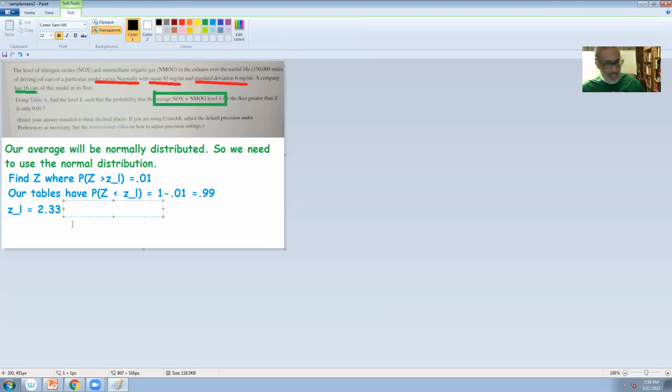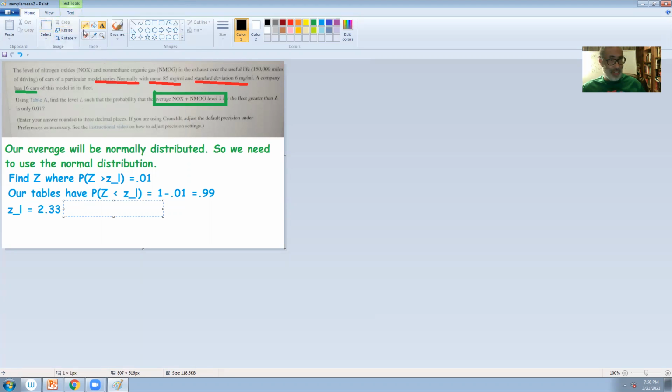But getting back to this, remember what we know about the conversion to z: this is going to equal our mean, x bar, minus our mu, over our sigma divided by the square root of 16, because n is 16, because 16 cars.